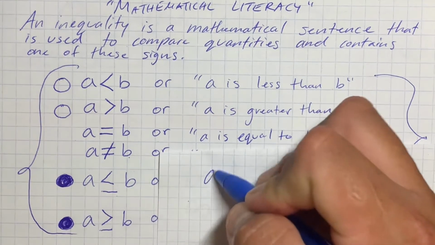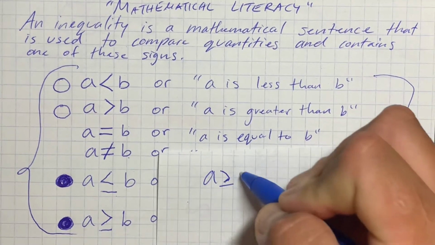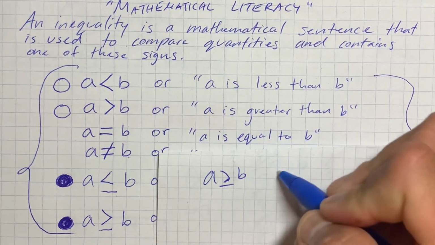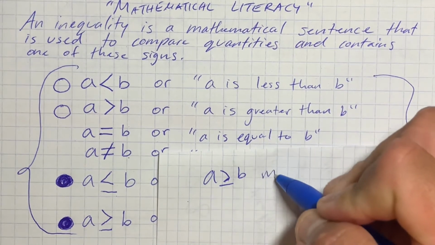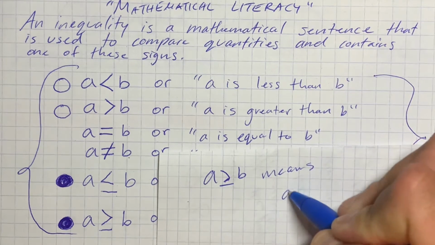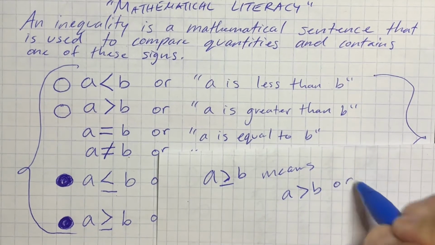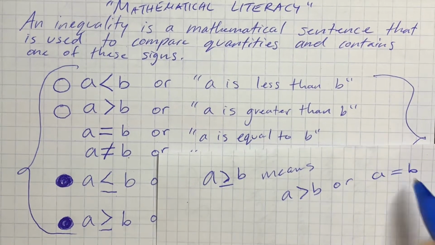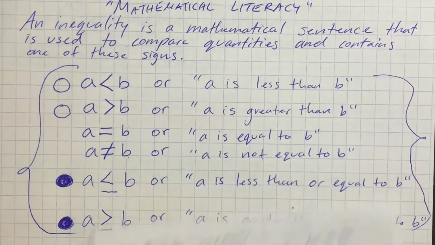So that means that A is greater than B, or A is equal to B. All right, so that's what that means.